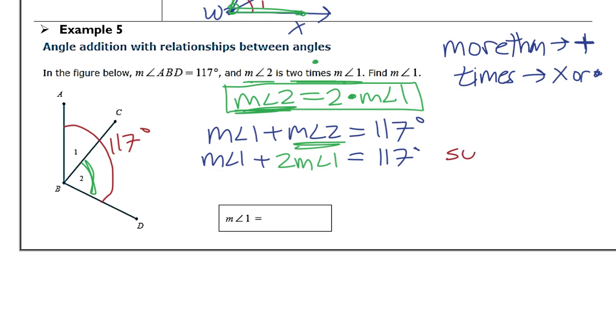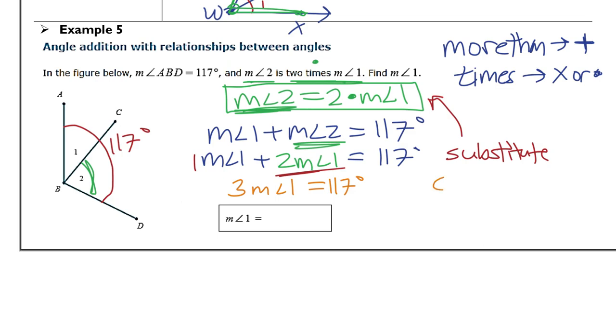So what we did was substitute this into here, because that's what the measure of angle 2 is. Now, just think about this. This is one of these measure of angle 1s, and this is 2 of those measure of angle 1s. So 1 plus 2 is 3 of those measure of angle 1s, and that's 117 degrees.